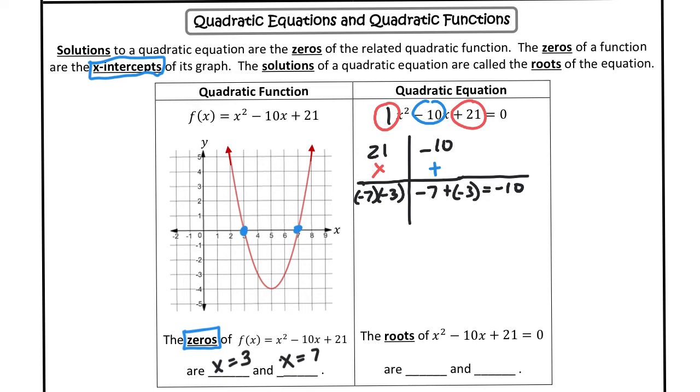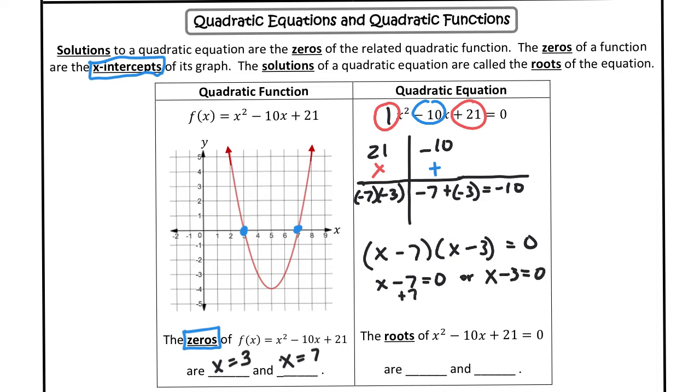Okay, so that means I would set up my two parentheses, equal to 0, x minus 7 on one and x minus 3 on the other. So that means that either x minus 7 is 0 or x minus 3 is 0.